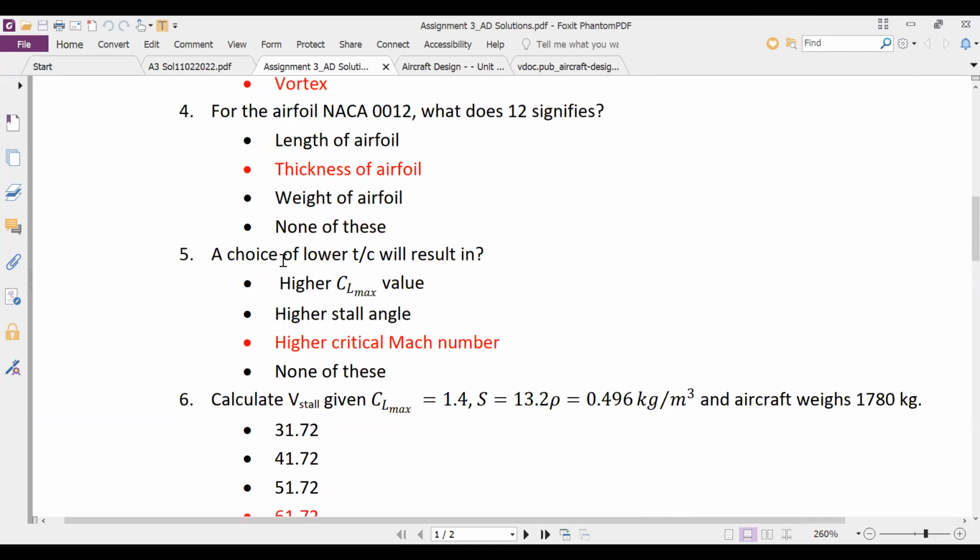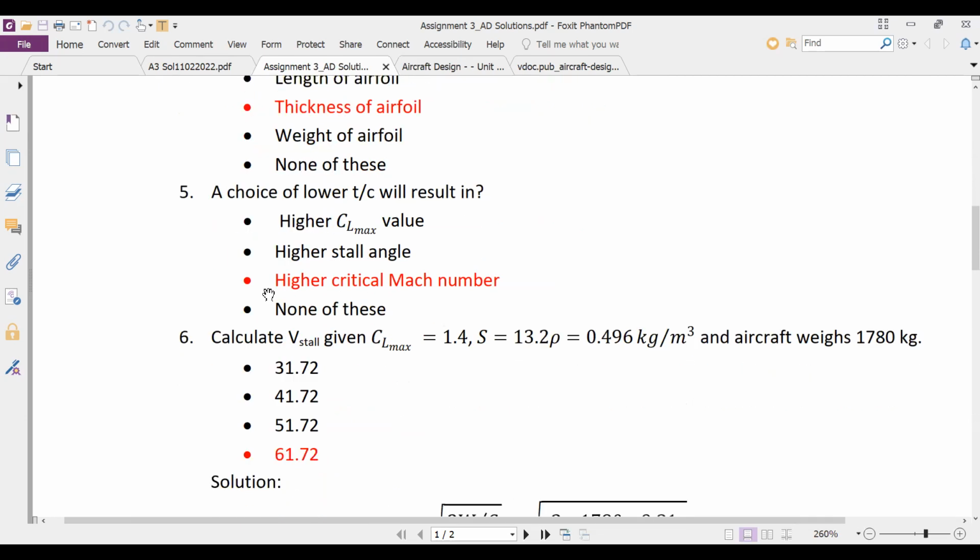A choice of lower thickness to chord ratio will result in higher critical Mach number. Now, can anyone explain to me what is critical Mach number, and how? Go ahead.